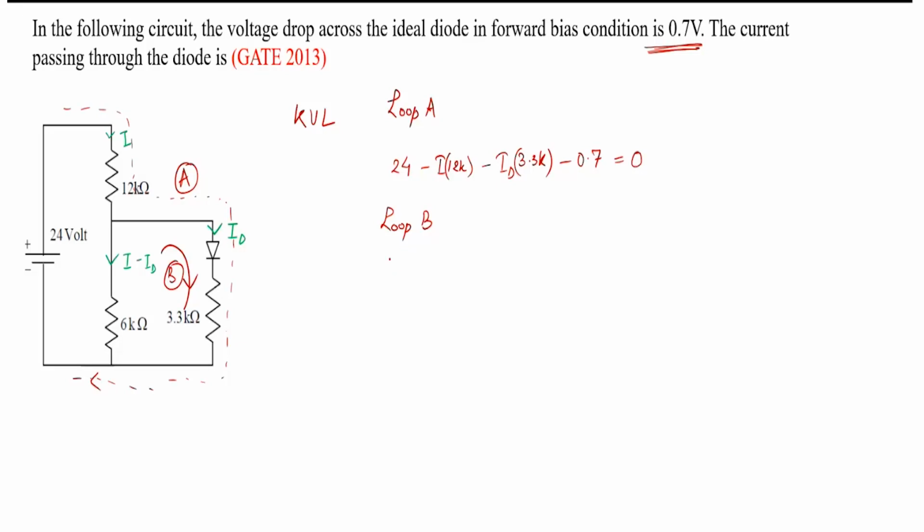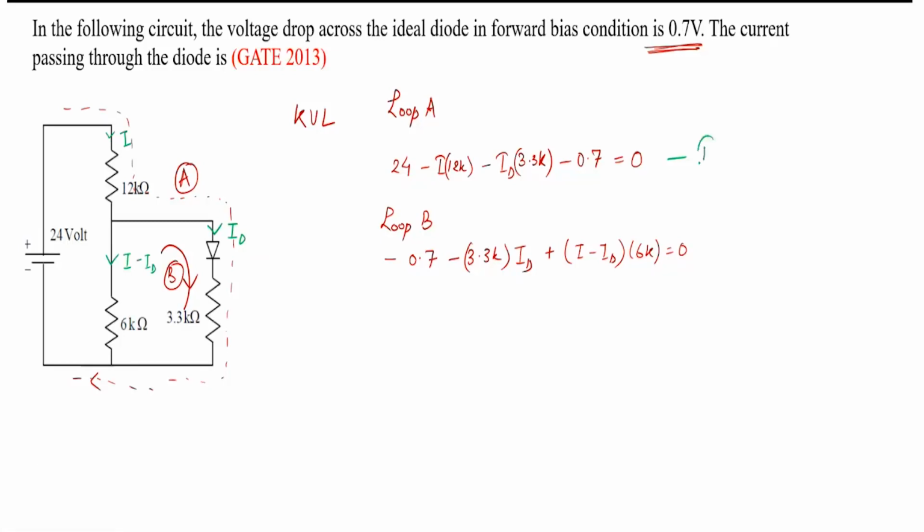Minus 0.7, minus 3.3K ID, then plus (I minus ID) into 6K. Very good. So now we have got two equations, right?